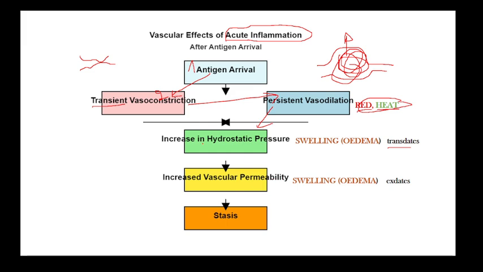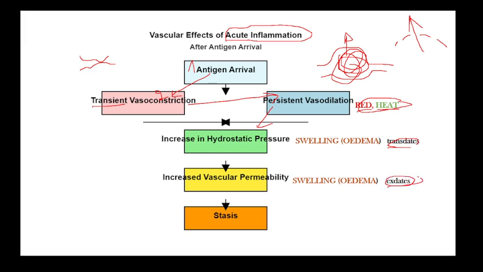So the increase of hydrostatic pressure causes water to leak out of the blood vessel, which causes edema, but this is transudate edema with no proteins. With increased vascular permeability, the pores increase, and now the proteins can go out of the blood vessel, which we call exudate edema.